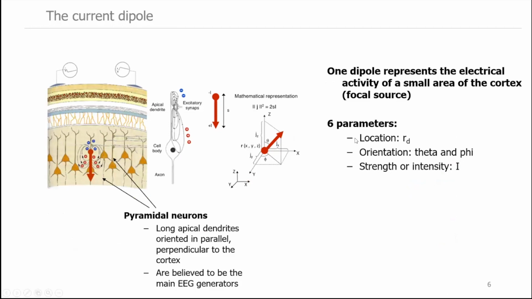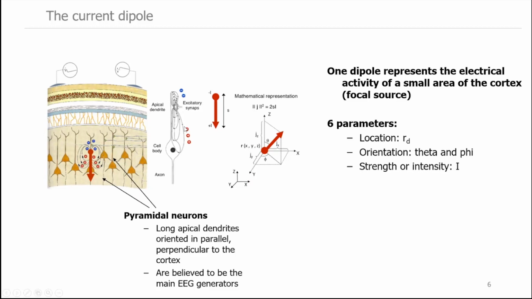So basically the source model is the current dipole. So Seth already hinted at this: when the pyramidal neurons are active, the dendritic trees are lined up, and you can sum the activity over all the pyramidal neurons, and basically their activity is some sort of dipolar pattern.